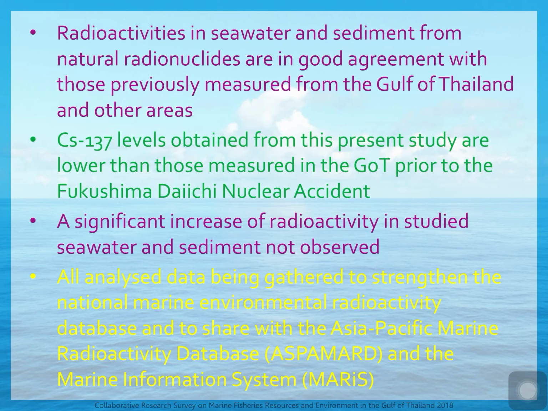Cesium-137 levels obtained from this present study are lower than those measured in the Gulf of Thailand prior to the Fukushima Daiichi nuclear accident. It means that our marine ecosystem has not been radioactively contaminated or affected by the radioactive release from the Fukushima nuclear accident.